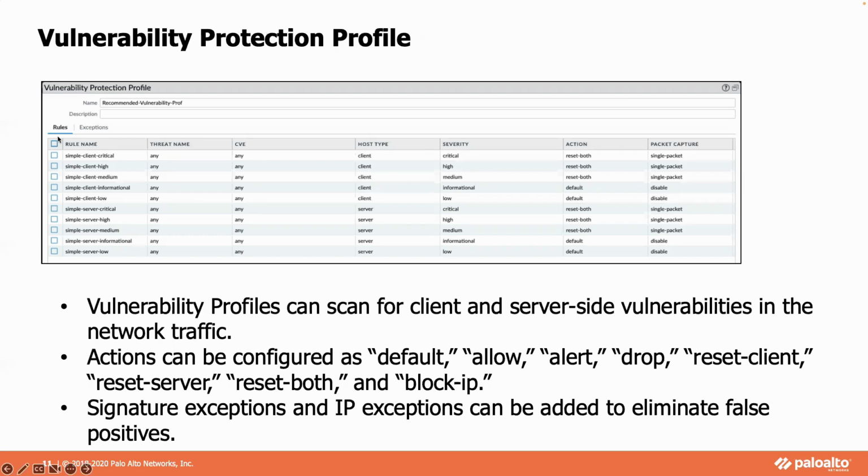Our vulnerability protections, those will protect you against known vulnerabilities based on CVEs, known vulnerability exploits, and allow you to create profiles to protect your remote users and your mobile users from known vulnerabilities on their operating systems, whether they're PCs or Macs or iPads or Androids or whatever the case may be.